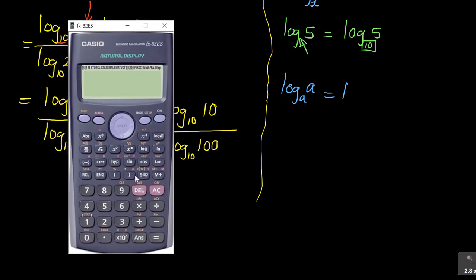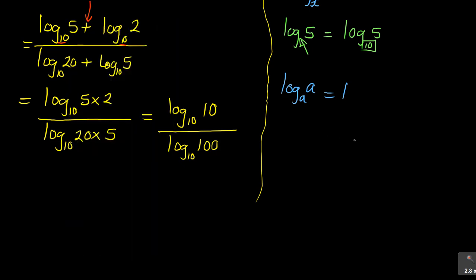For example, if I take log base 2 of 2, when the number and the base are the same, you can see that I get a 1. So this is the scenario that I have here on top. You can see I've got log base 10 of 10, so it is equal to 1 over. Now the next part is 100.